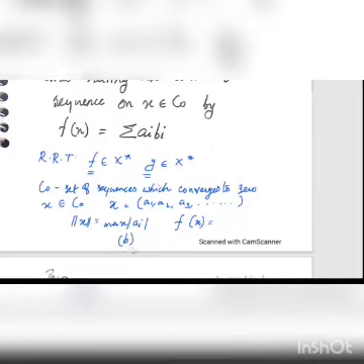So if the sequence b belongs to L1, of the form b1, b2, etc., I'm defining my f of x as f of x equal to sigma ai bi.